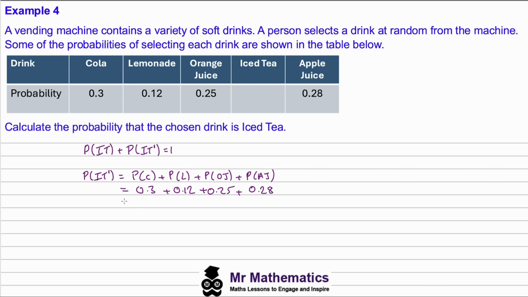And when we add these together, we get 0.95. So the probability of it being iced tea will be equal to 1 minus the 0.95, which is 0.05. Okay, let's try one final question.